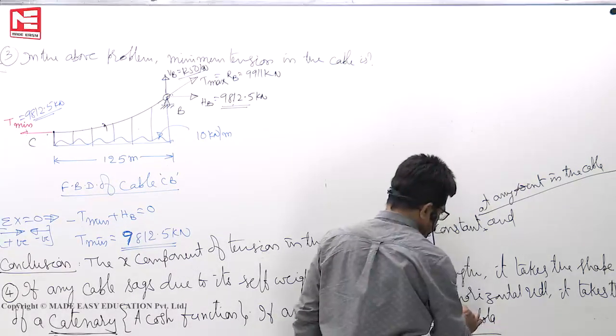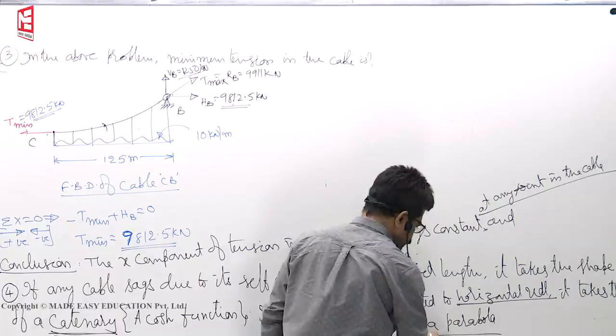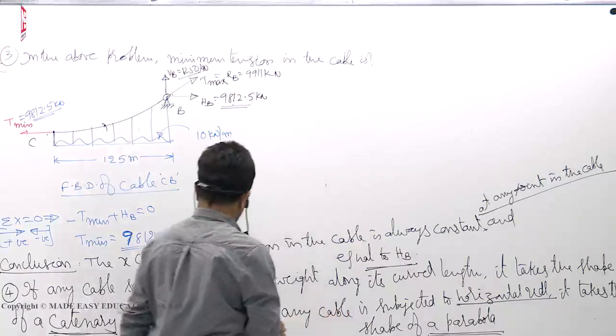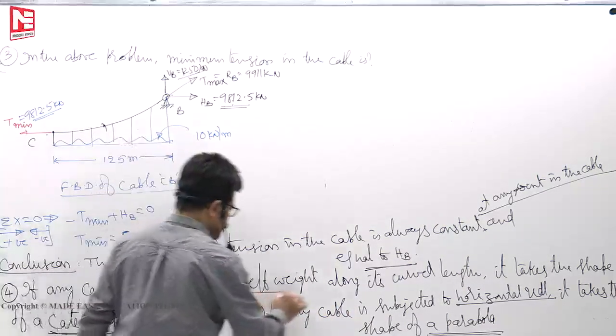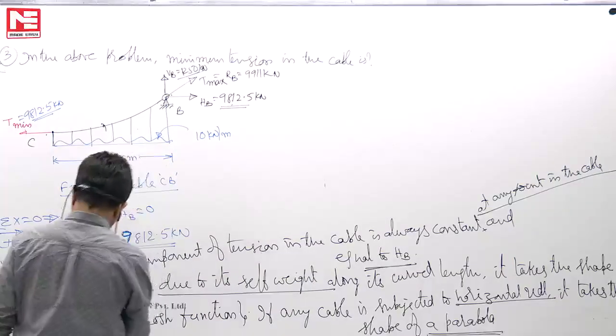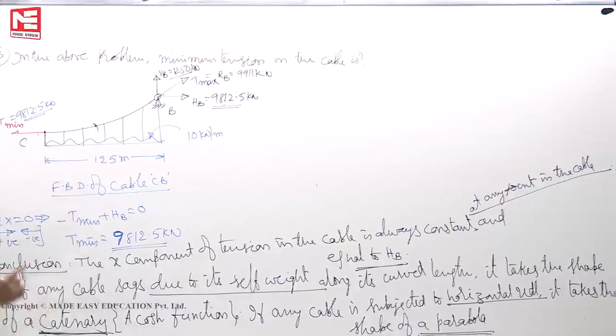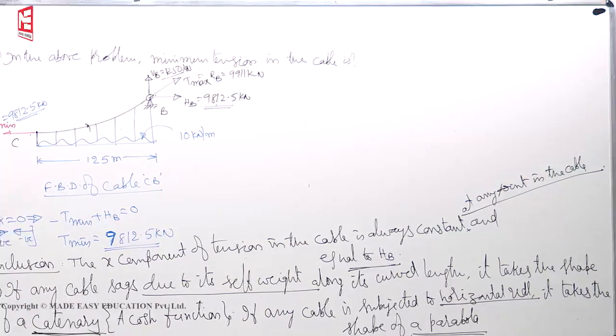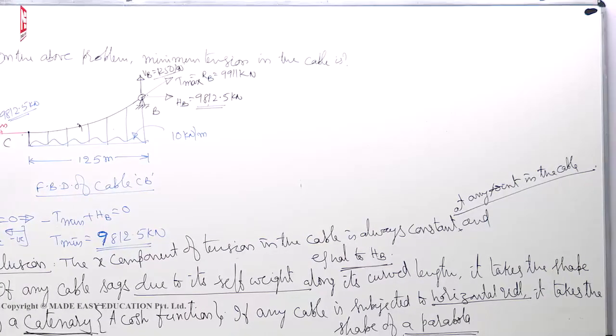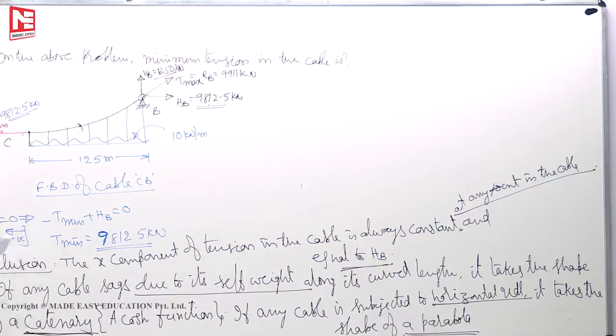In the exam, you have to be careful. If they give you horizontal UDL, you have to answer parabola. If it sags due to its self weight along the curved length, it is a catenary, otherwise it takes the shape of a parabola.